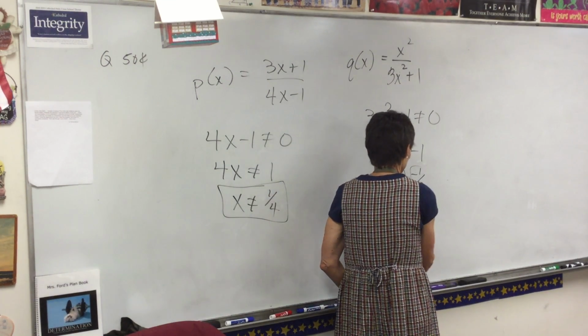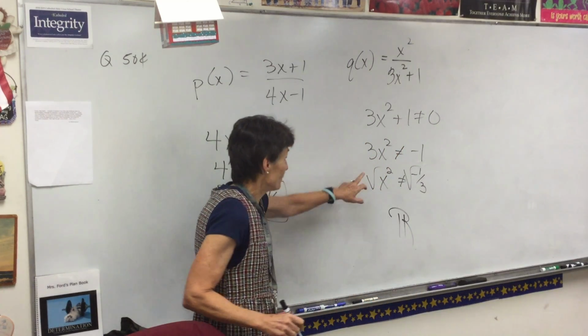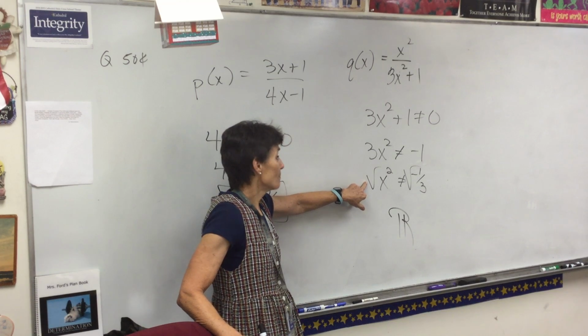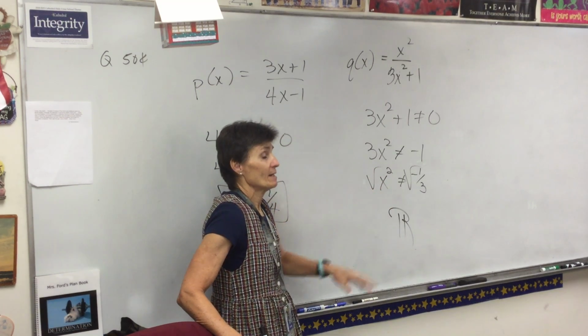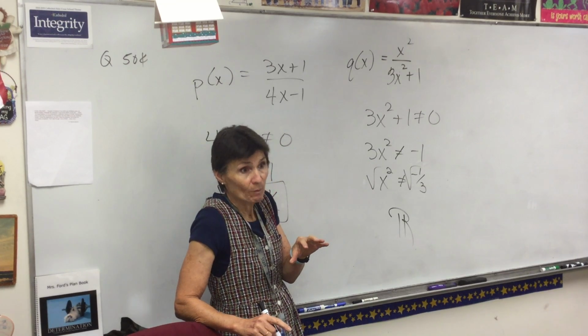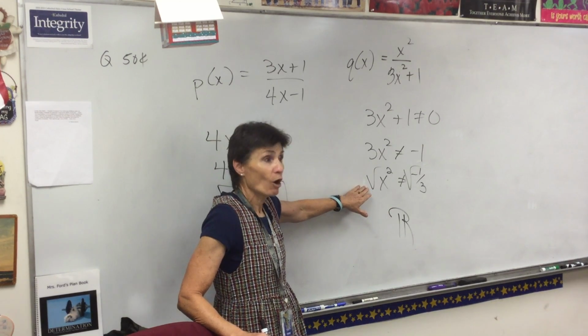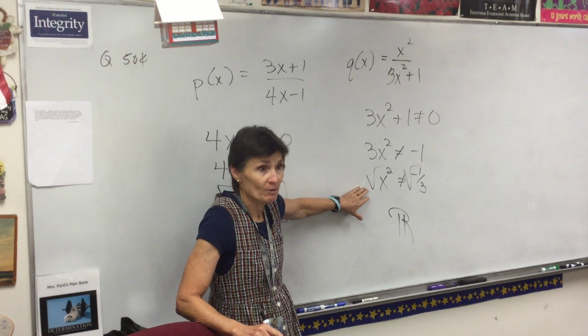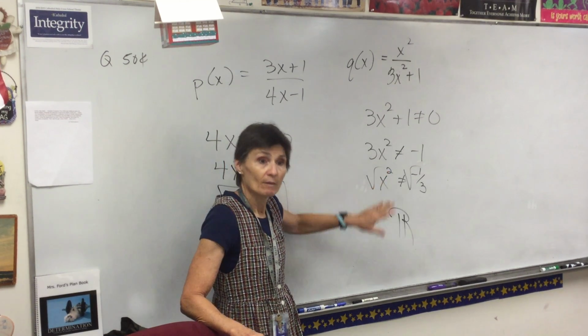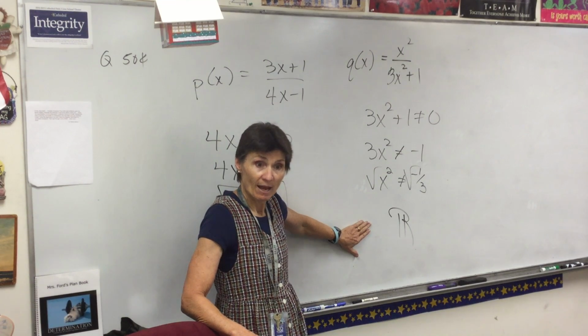Remember, you're looking for the domain. This isn't solvable over the set of real numbers. That's right. But we're looking for the domain. And the domain says whatever's in the denominator can't be 0. This tells me there aren't any numbers that make the denominator 0. If nothing makes the denominator 0, then our domain is everything.